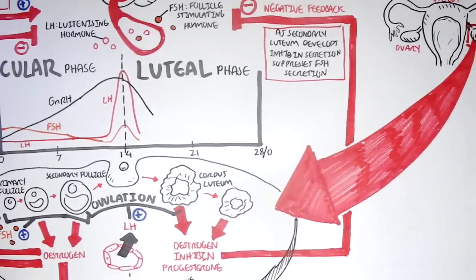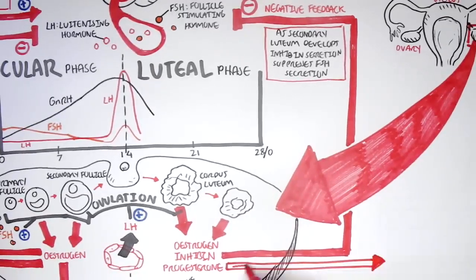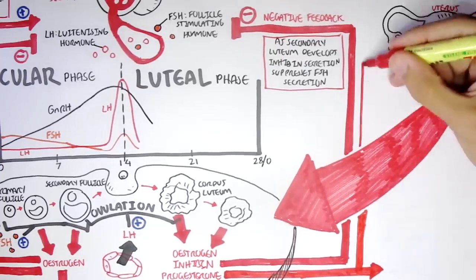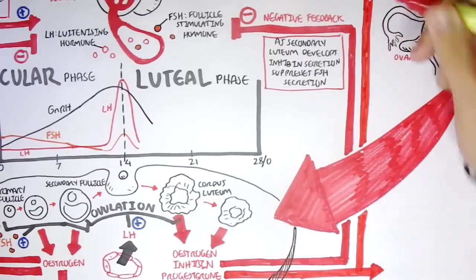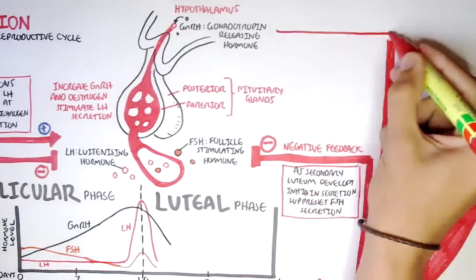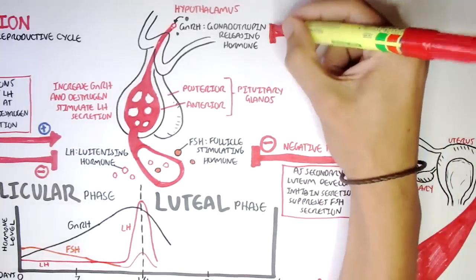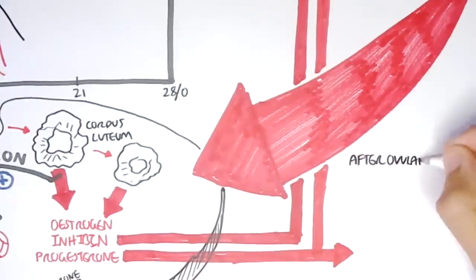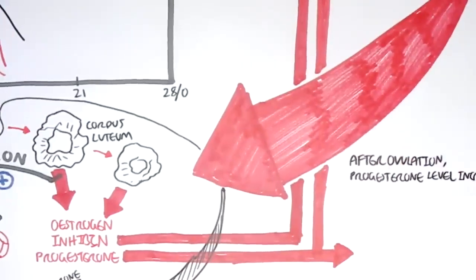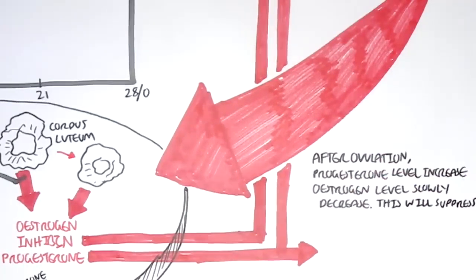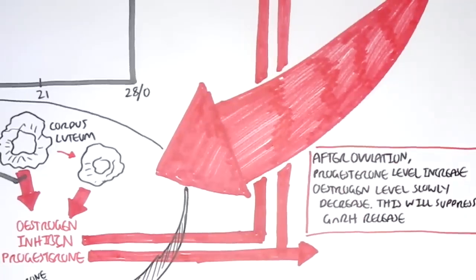Progesterone is the most important hormone in the luteal phase and has many functions, one of which is having a negative effect on the hypothalamus, inhibiting the secretion of gonadotropin-releasing hormone. Now, after ovulation during the luteal phase, the progesterone levels will increase slowly and the estrogen levels will decrease slowly, kind of. And this will suppress gonadotropin-releasing hormone release.